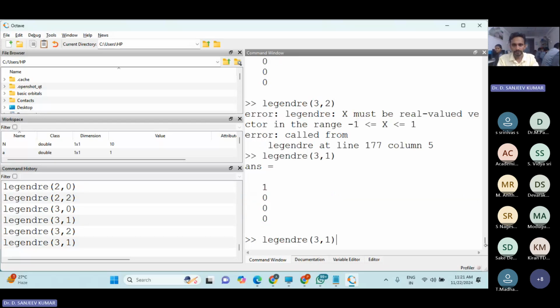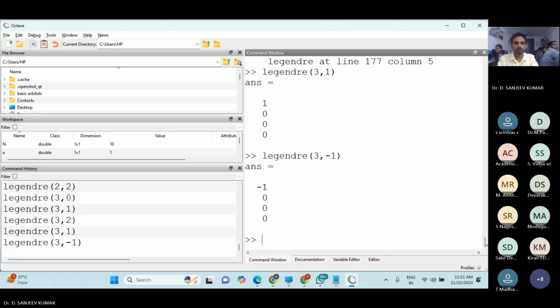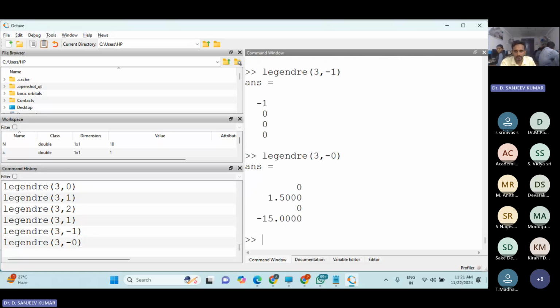So theta value, cosine theta value varies from minus 1 to 1. Let's say if I place minus 1. Yes. So cosine theta value varies from minus 1 to 1. Those values will vary between -1 to +1.